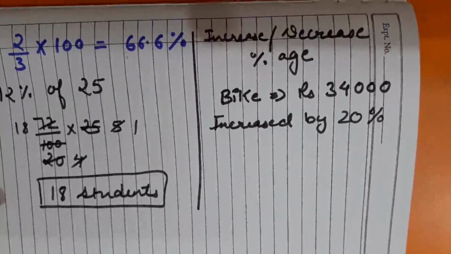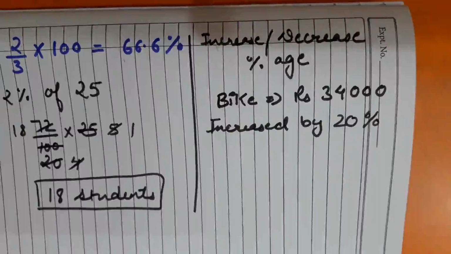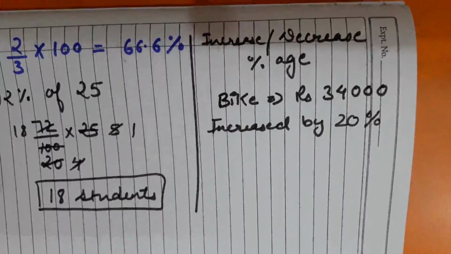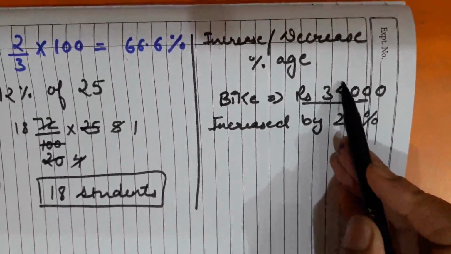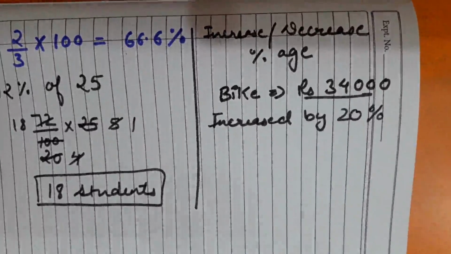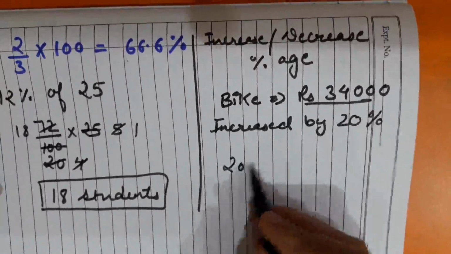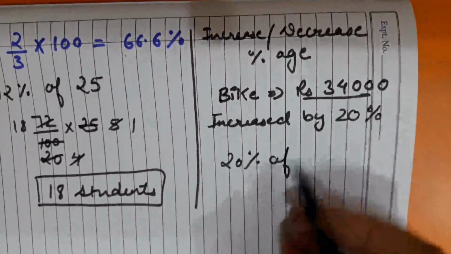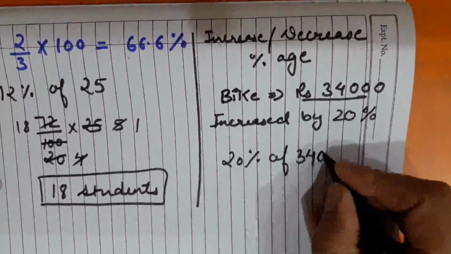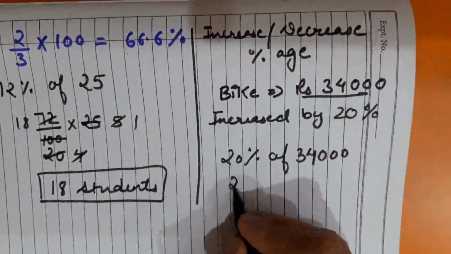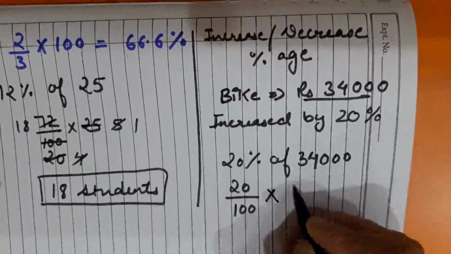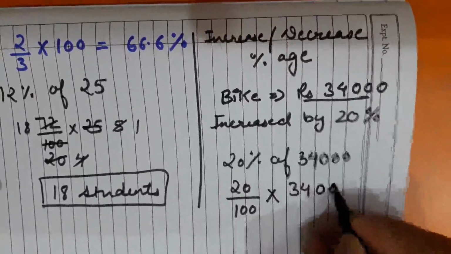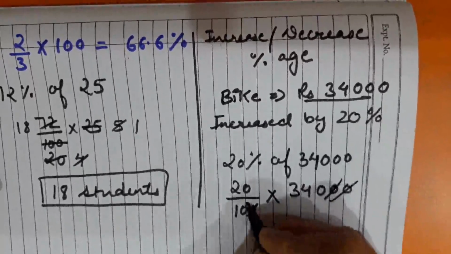First of all, we need to find 20% of this particular price, because the 20% increase is on this price. So what is 20% of 34,000? Remove the percentage sign, put 100, and the zeros will cancel each other.